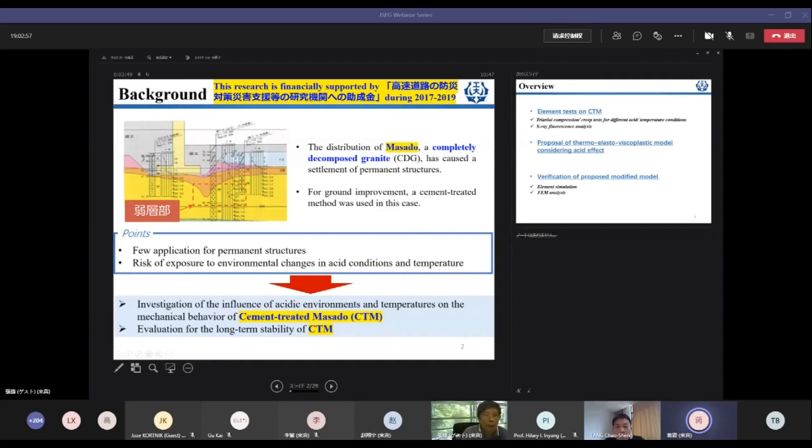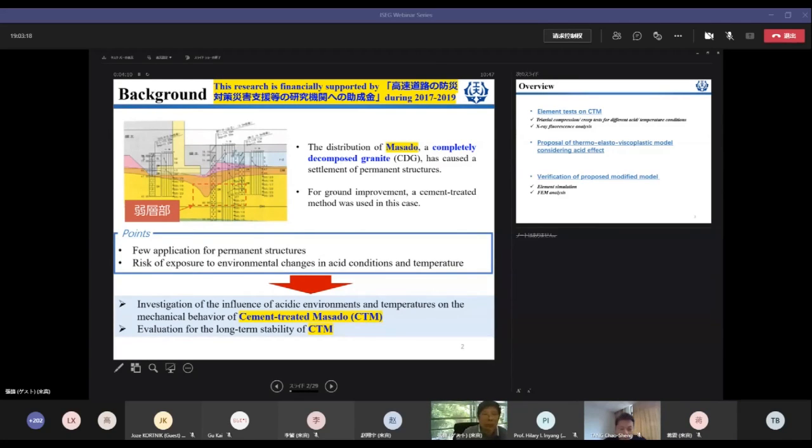Okay. So the supporting layer is supposed to be the completely decomposed granite. However, based on the design code, it's okay for the bearing capacity, but the stiffness of the soil is not sufficient enough.